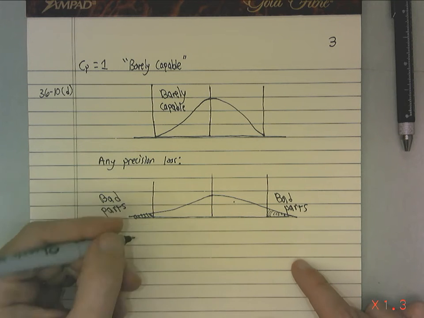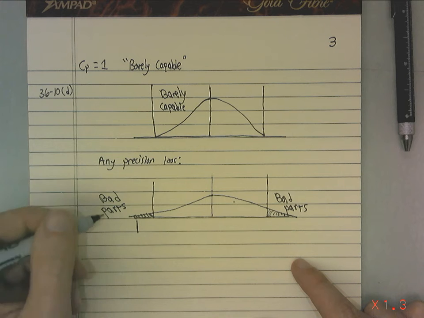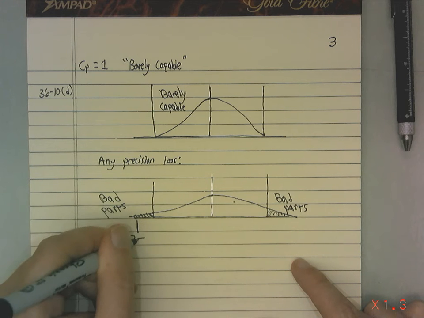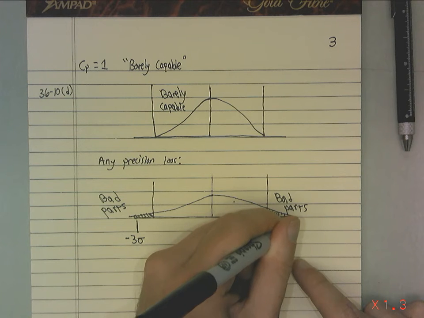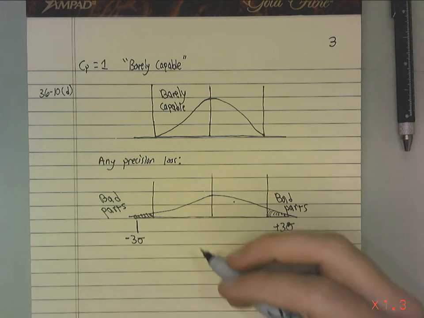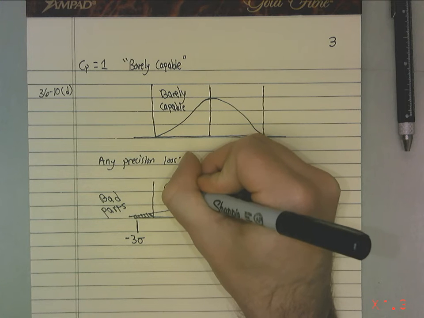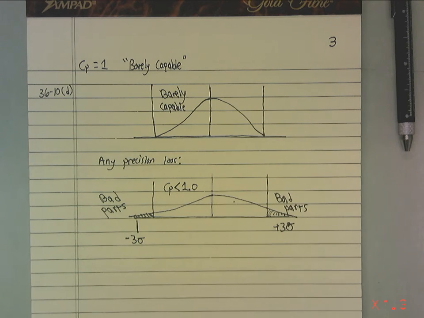That means that our minus 3 sigma and our plus 3 sigma are out here, which means that process capability is now less than 1. We're no longer even barely capable. So that's an addendum onto the CP equals 1.